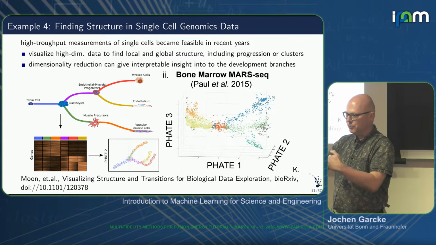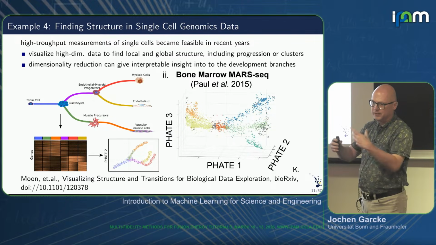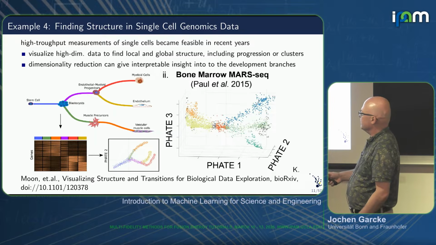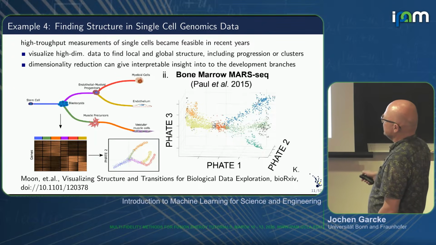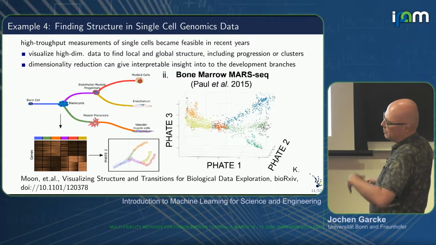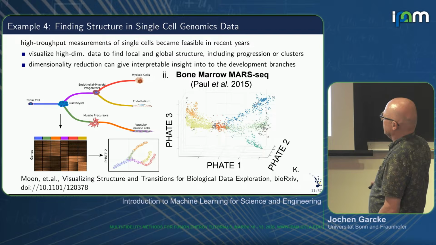And after a day, 2 days, 5 days, 10 days, 20 days, I do the single cell experiment. So I have data, and then I want to find structures in that. This was the hypothesis they had. And based on dimensionality reduction, it doesn't matter so much how they actually do that, they could identify these branches.